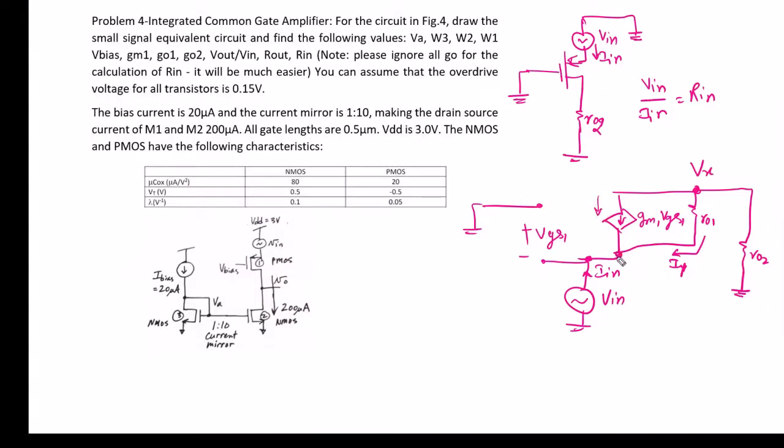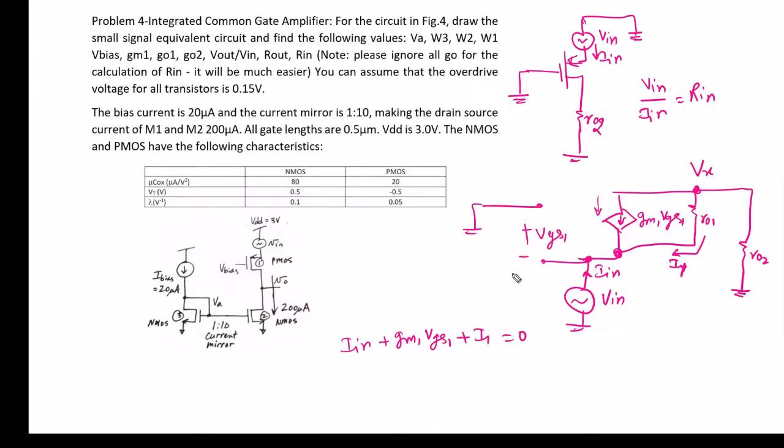When we apply KCL at this node, IN will be incoming current, GM1 VGS1 will be incoming current, and I1 will also be incoming current. So we can apply KCL at this point, and it can be written as IN plus GM1 VGS1 plus I1 equal to 0.